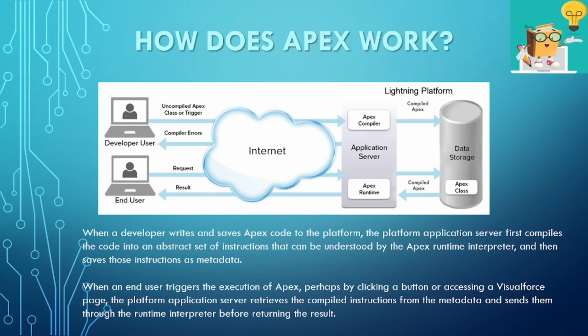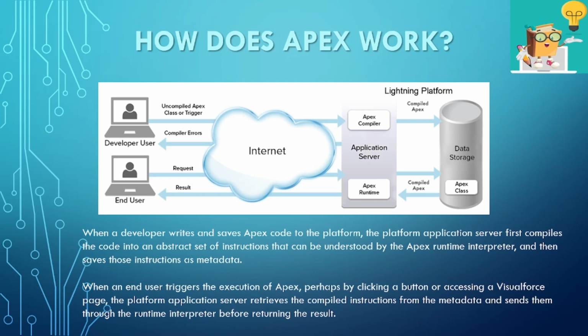So here we have the Apex compiler and Apex runtime. The job of the compiler is to create a set of instructions from the code you have written. The runtime then reads those instructions and executes them on the Salesforce server, and then it returns you the value, or if it is void, it will not return anything, but it executes the instructions on the Salesforce server.